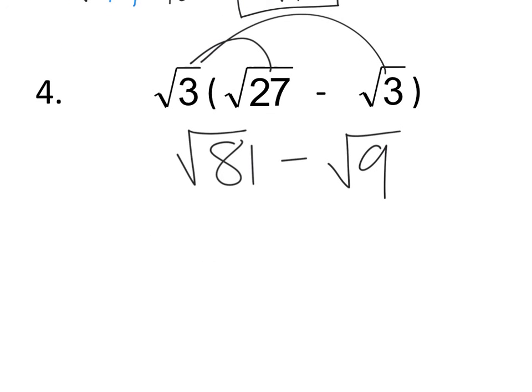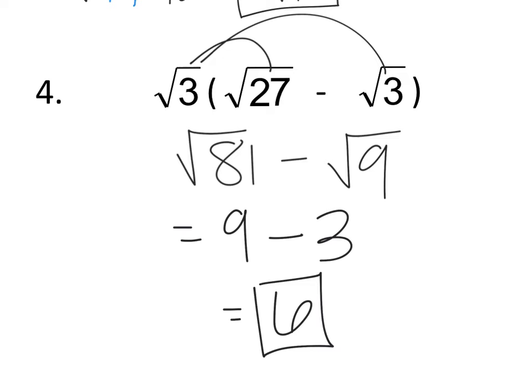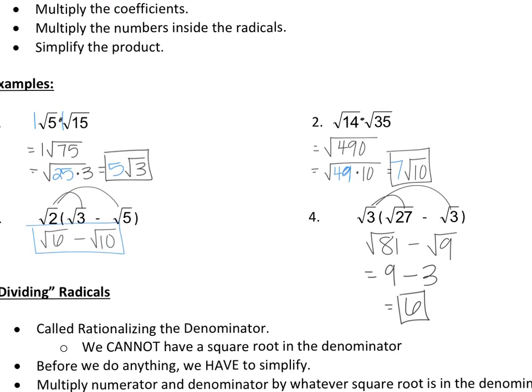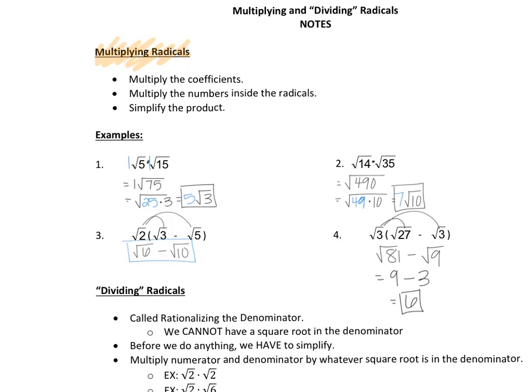This actually works out pretty well for us because the square root of 81 actually is 9, and the square root of 9 is 3. So 9 minus 3 is 6. So that's pretty cool. That worked out pretty nicely. Okay, so long story short, that is multiplying radicals.